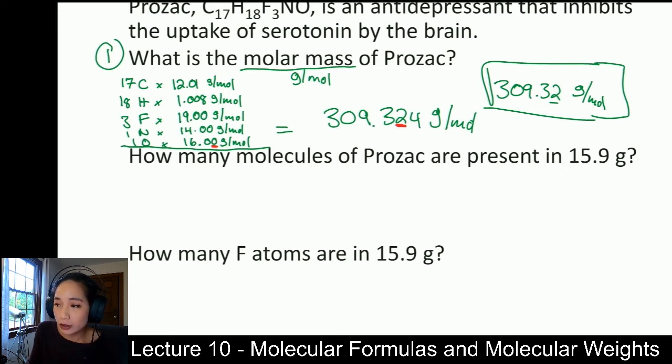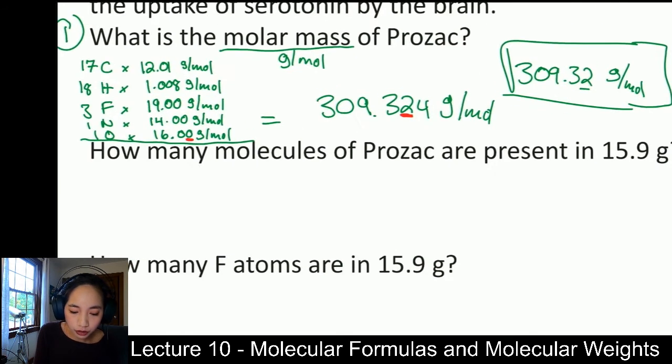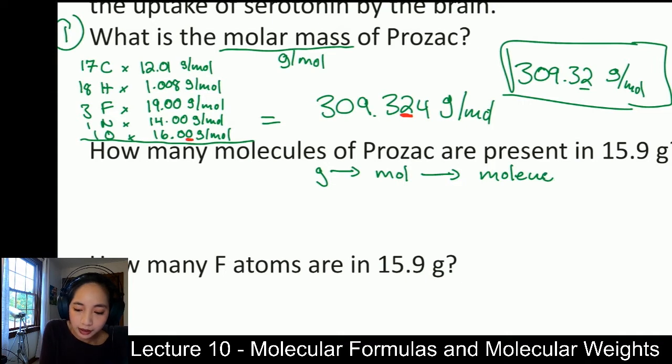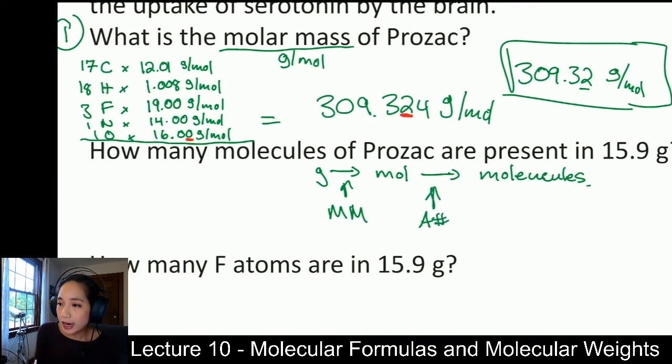All right. So how many molecules of Prozac are in a 15.9 gram sample? So remember, our conversion chart, if we want to go from grams to moles to molecules, we have to go through it in this order, where we use molar mass to get between grams and moles, and we use Avogadro's number to get between moles and molecules.